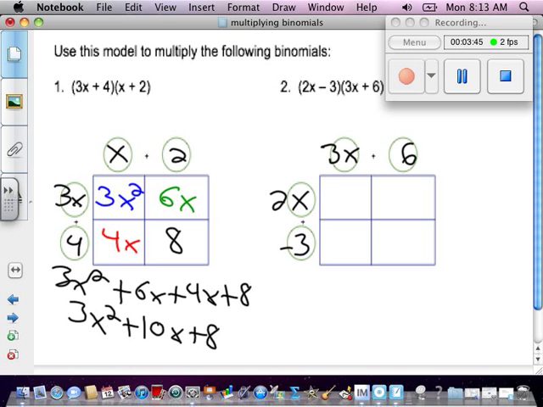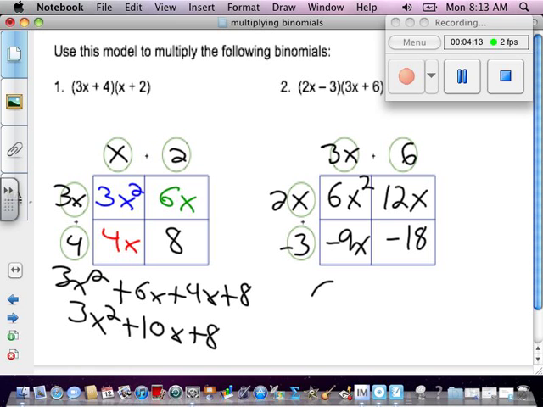Okay. 3x and 2x makes 6x squared, because I'm multiplying, right? 2 times 6 gives me 12, and then I've got the x. 3x times negative 3 gives me negative 9x. And what's negative 3 times 6? Negative 18. Good. So let's write this all down in a row.